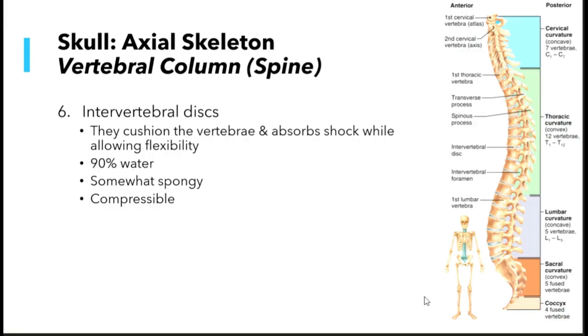These are flexible fibrocartilage which separates each vertebra, serving as pads. So this disc somewhat prevents the touching of two vertebrae against each other. As a person ages, the water content of this intervertebral disc decreases just like the other tissues of the body. So they tend to become harder and less compressible.